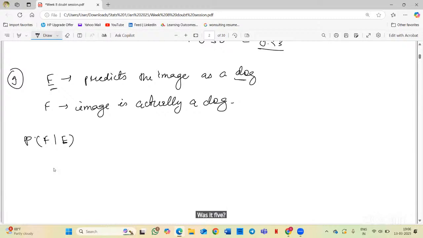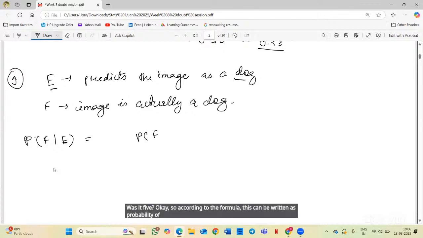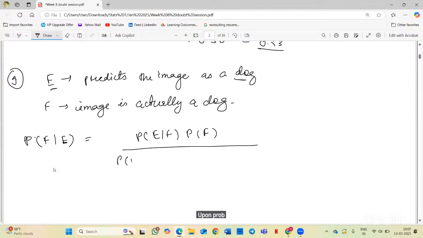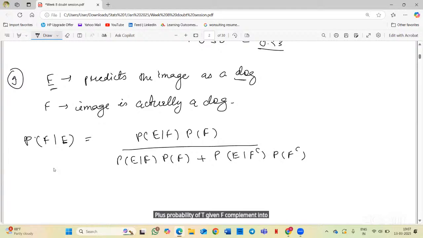Okay. So according to the formula, this can be written as probability of E given F into probability of F, upon probability of E given F into probability of F, plus probability of E given F complement into probability of F complement. I can write this.